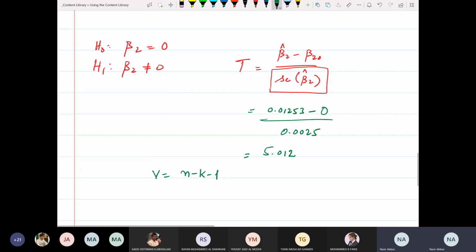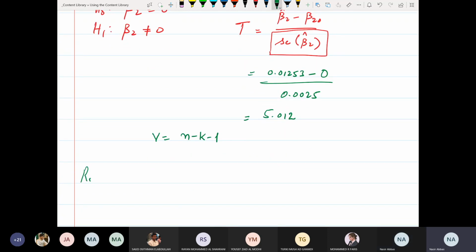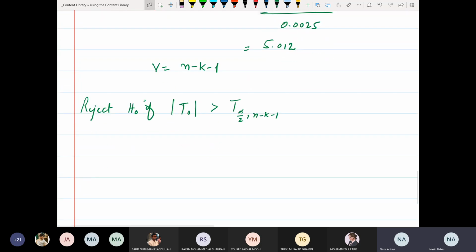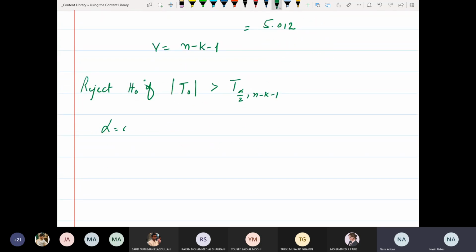So we will reject H0 here. I'm following the rejection region approach. If the absolute value of my T0 is more than T alpha by 2 with n minus k minus 1 degrees of freedom. So let us say your alpha is 0.05, your alpha by 2 will be 0.025. And n is 25 in this question, k is 2, so n minus k minus 1 is 22.